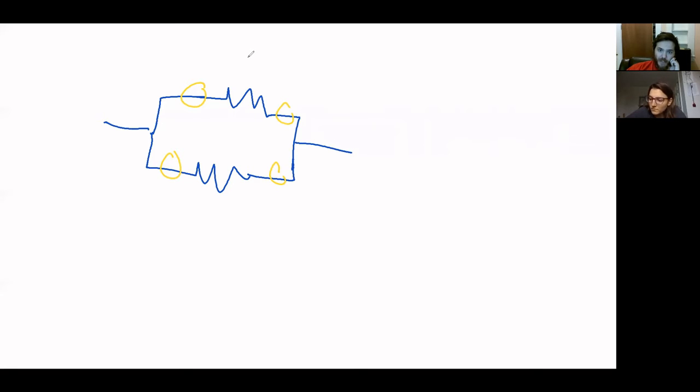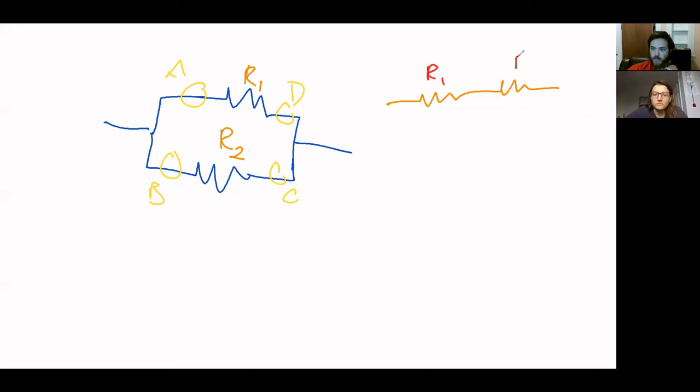I'm going to label these A, B, C, and D. And I'm going to label our resistors R1 and R2. When we're doing this, this is kind of tricky, and we'll also do the same thing for a little series circuit over here. Okay, separate that down the middle.